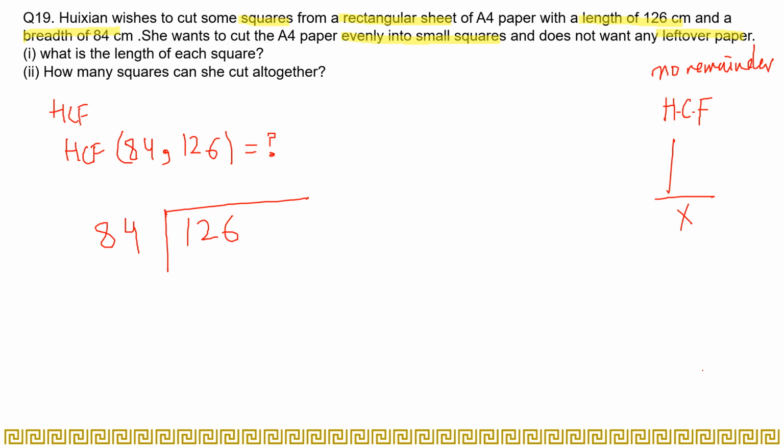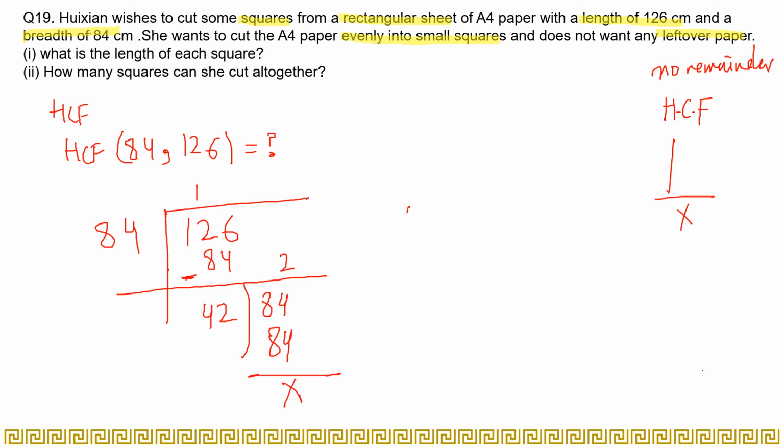So 84 multiplied by 1 is 84, because 84 multiplied by 2 will give me a number that is greater than 126. Now subtracting these two will give me 42, right? And then I will write 84 here, and then 42 multiplied by 2 is 84, right?